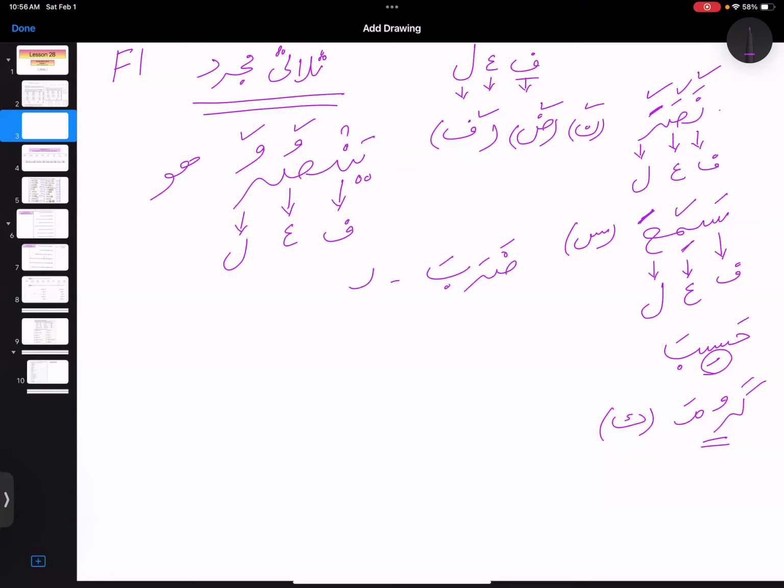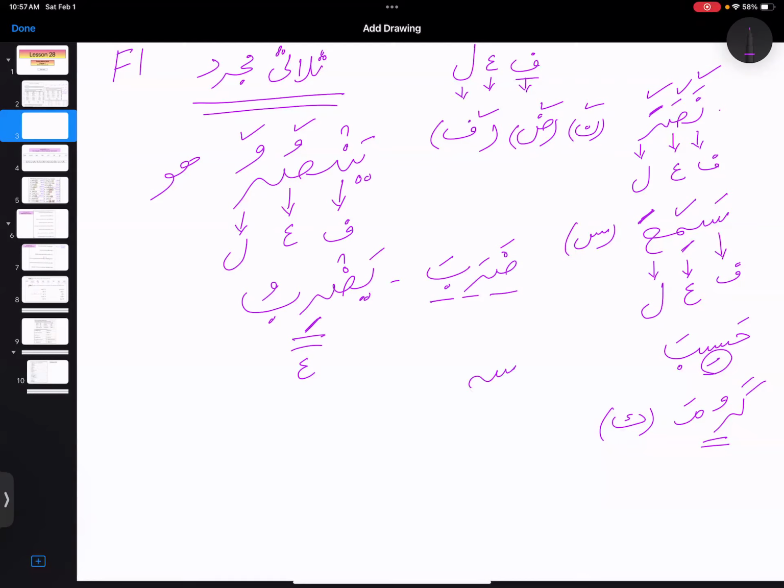Daraba becomes Yadribu. What do you notice? My Ain Kalima, the middle root letter, is taking a kasra over here. My Madi was all fathas, but when I'm converting it into Mudariya, my Ain Kalima takes a kasra.